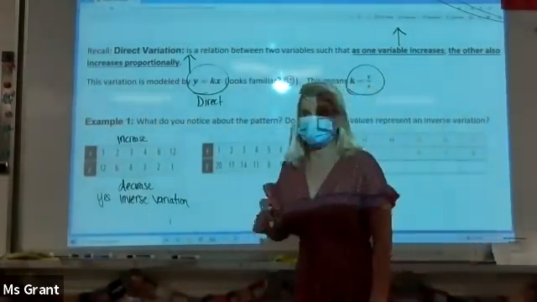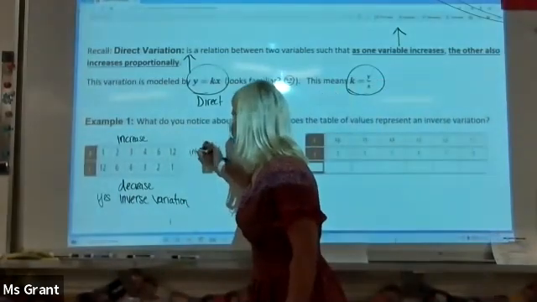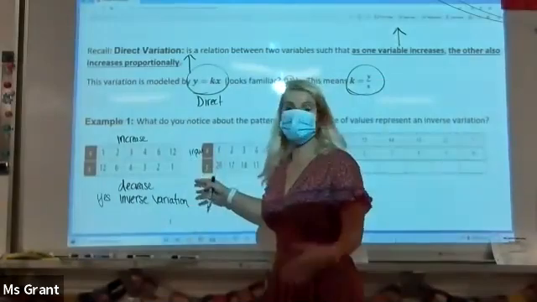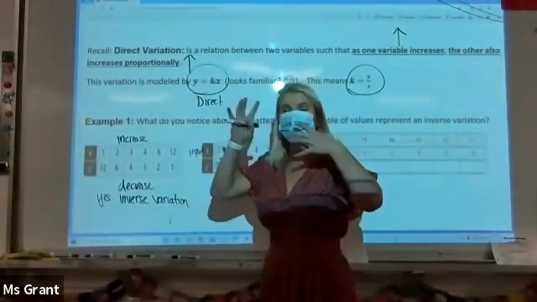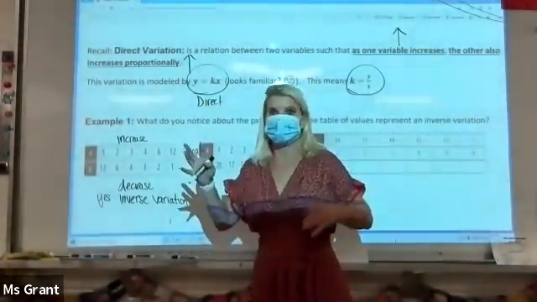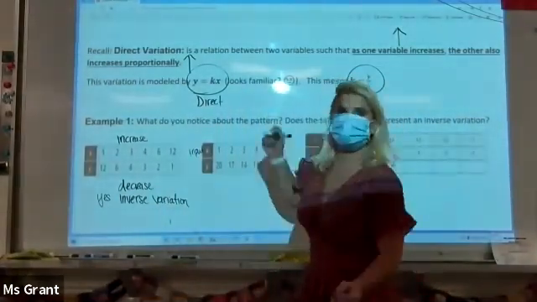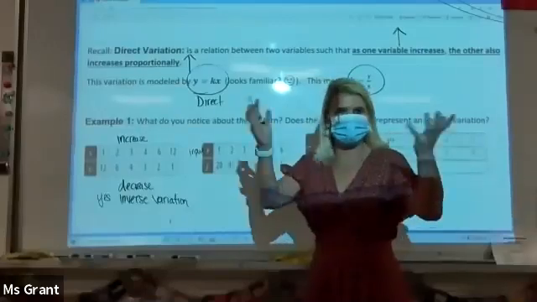Let's look at the second table of values, my input. Don't forget all the words you've learned. Input domain for X, output range for Y. All the things that we've ever talked about in algebra are still relevant. X: 1, 2, 3, 4, 5, 6, increasing.